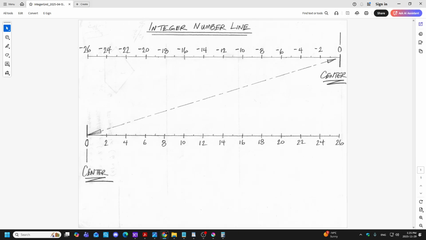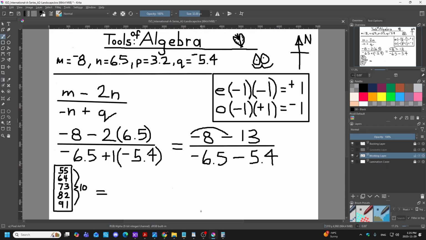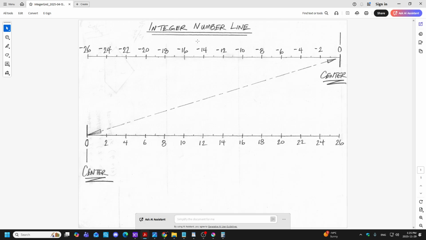I'm going to begin at negative 13 and go negative 8 jumps. I'll show you the work. Negative 13. We're going negative 8 jumps. 1, 2, 3, 4, 5, 6, 7, 8.